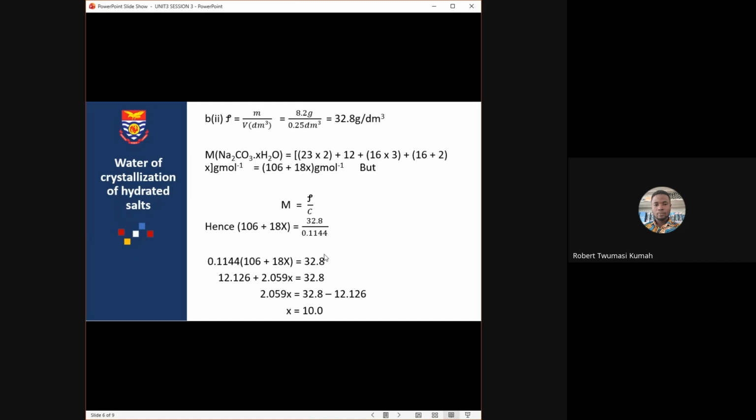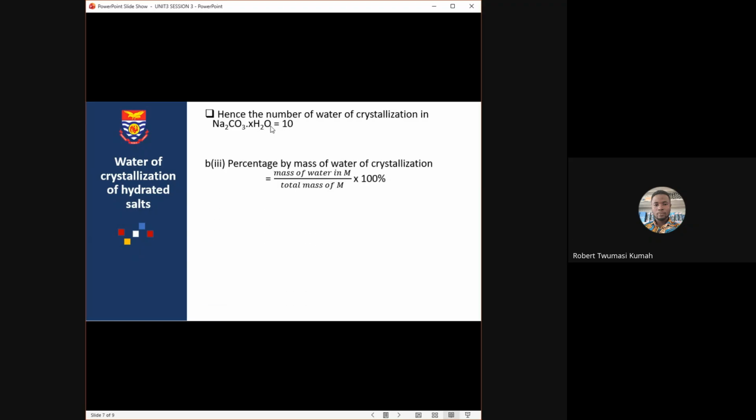Please, do you get this part clearly? Okay. So if it is 10, we can put in place of X as Na2CO3.10H2O. All right. We were to find the percentage by mass of water of crystallization.